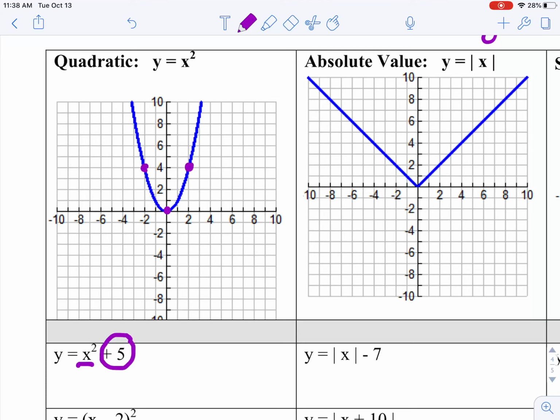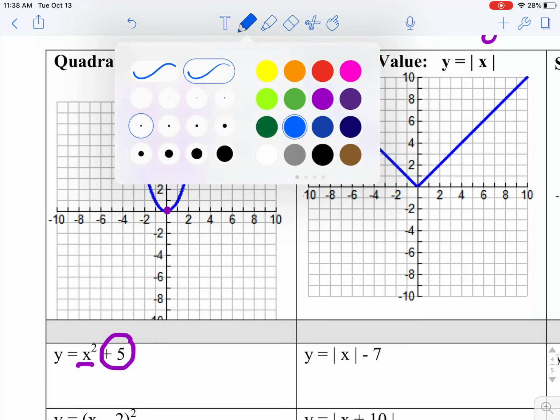So for ease, we're just going to make 3 points. I'm going to move each of those 3 points up 5 units. And that's my new function. So here, let's go back to purple. Here I would write up 5.